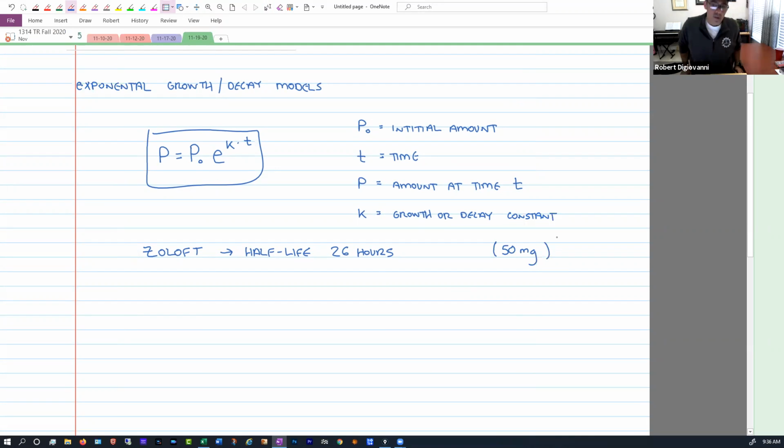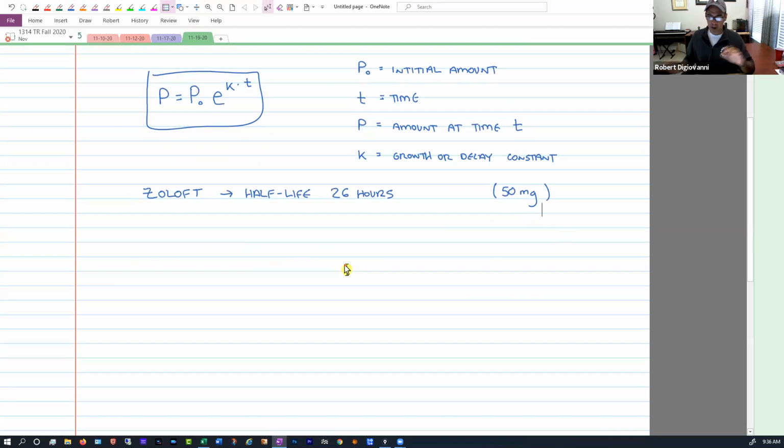Okay, so we're being told that Zoloft has a half-life of 26 hours. I want you to really understand what that means. So I'm not actually getting to the problem yet. I just want us to all be clear on how half-lives work. So if someone were to take 50 milligrams of this Zoloft, let's use a bar to represent the 50 milligrams.